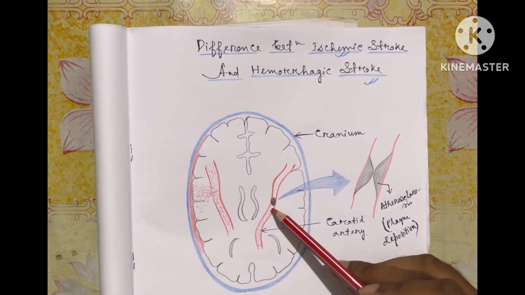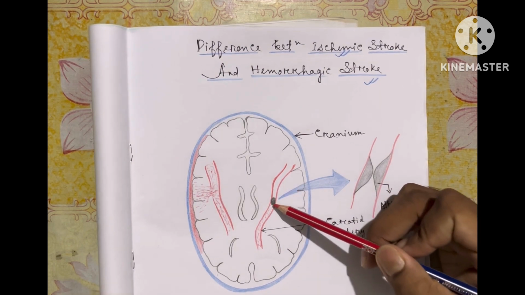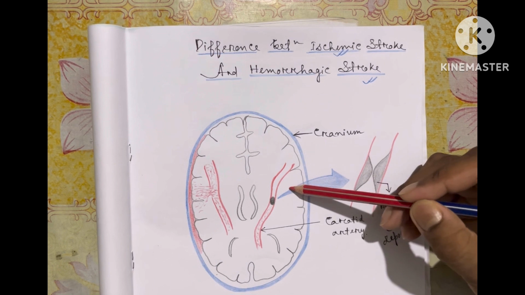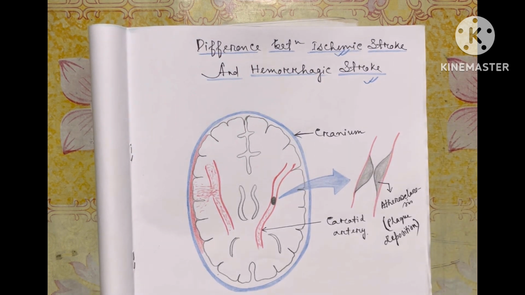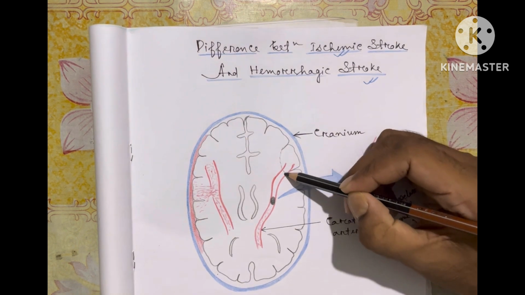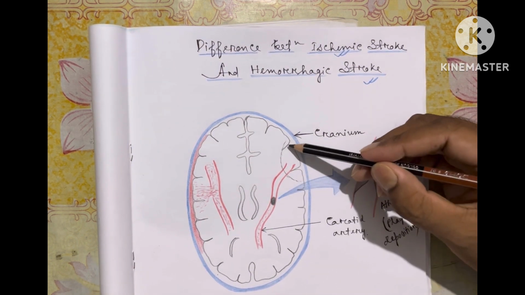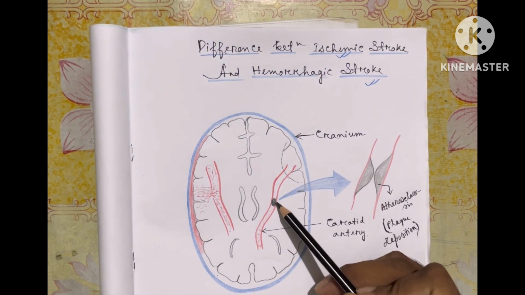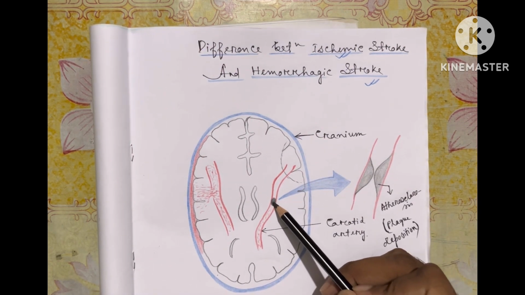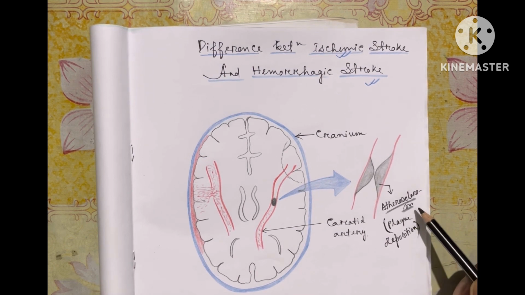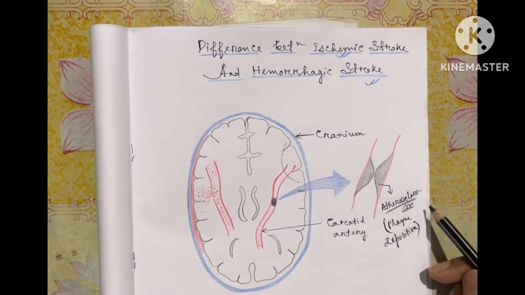Let's suppose this is one carotid artery. So this carotid artery supplies blood to this region. So if there is a blockage here, and the block is nothing but some kind of atherosclerosis or atheroma formation.